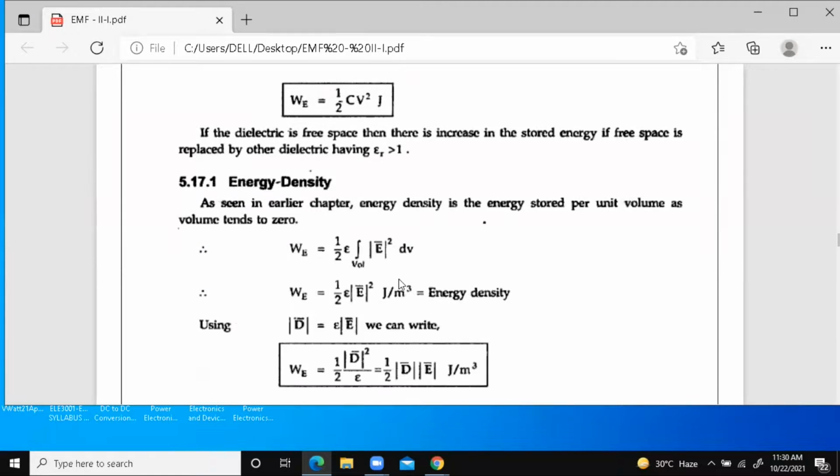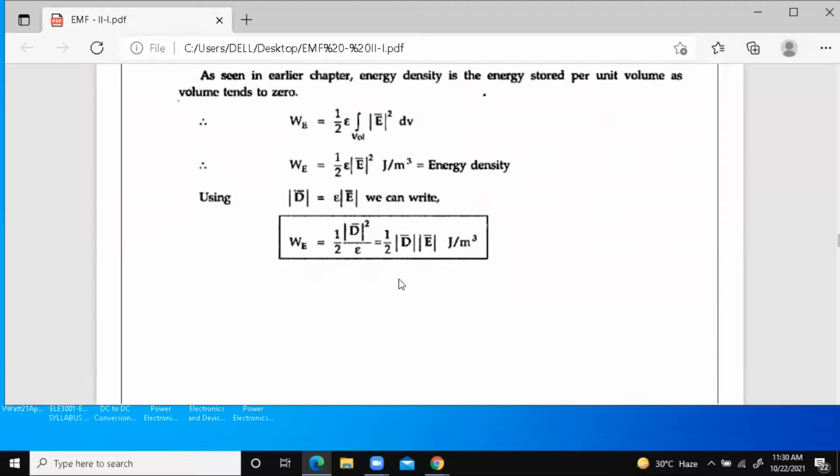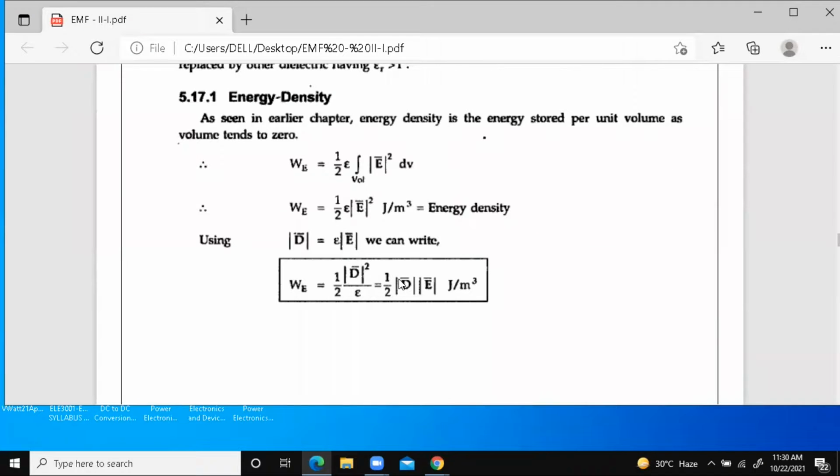So the last thing is the energy density. That's pretty much self-explanatory.